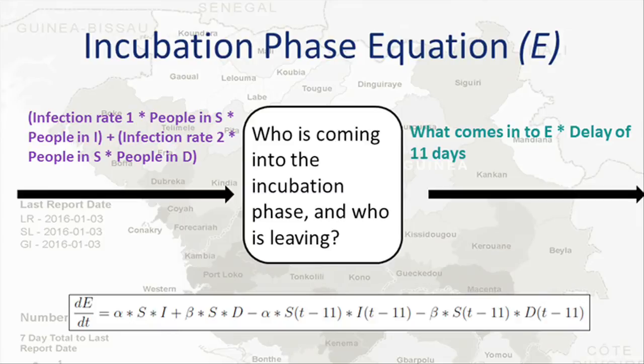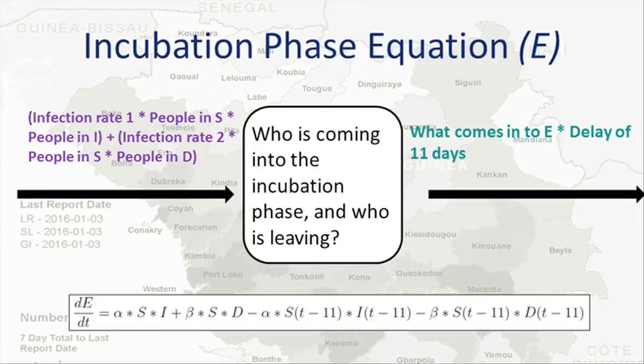So that's what's going to be coming into the next equation. And then what's coming out of this incubation period equation is the people coming in times a delay factor of 11 days. So all the people that are contracting the virus are coming into the incubation period, they're staying there for 11 days, and then they're all coming out.